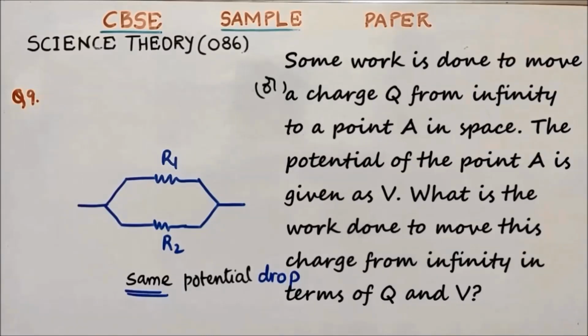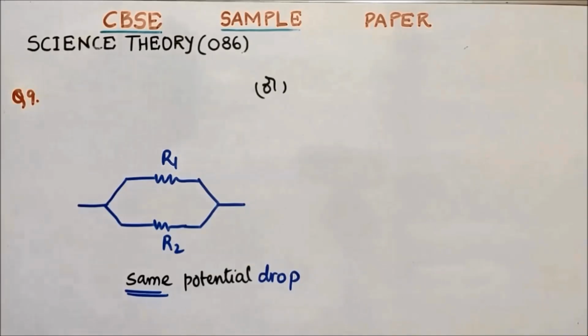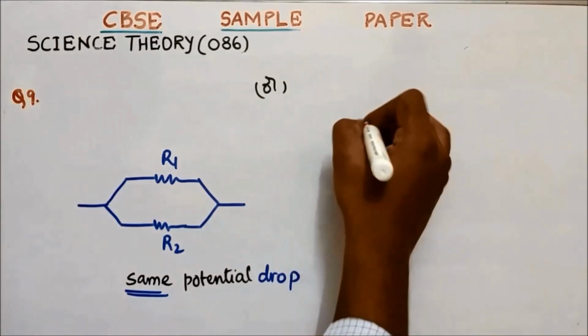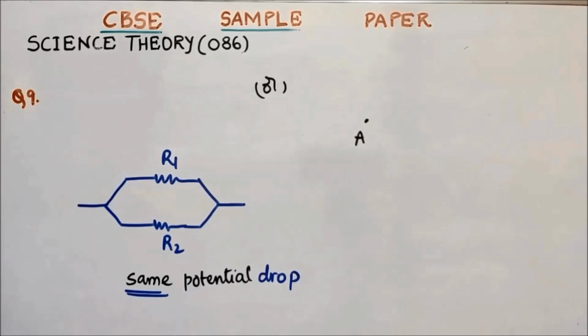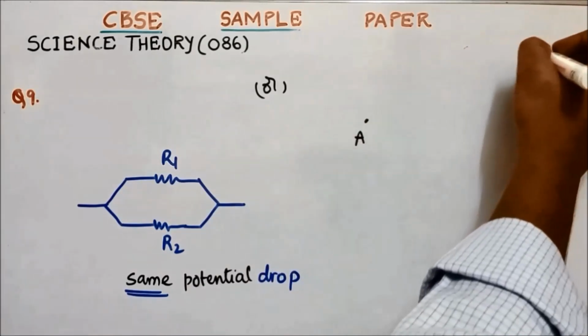Some work is done to move a charge Q from infinity to a point A in space. The potential of the point A is given as V. What is the work done to move this charge from infinity in terms of Q and V? So you have to write the expression of the work done in terms of V and Q. So I have a point here, let's call the point A, and the charge initially was at very far, at infinity.